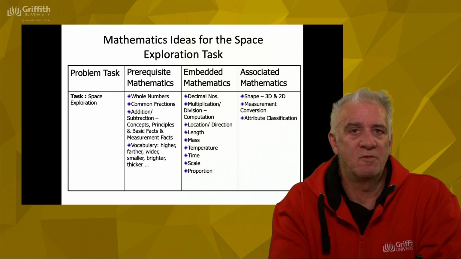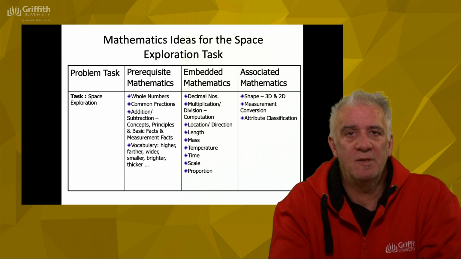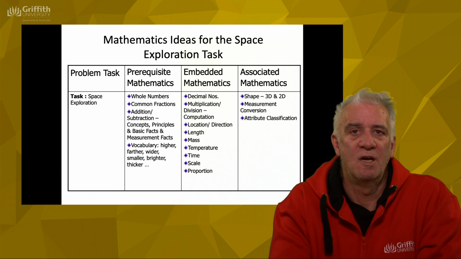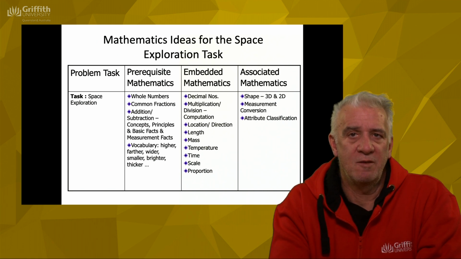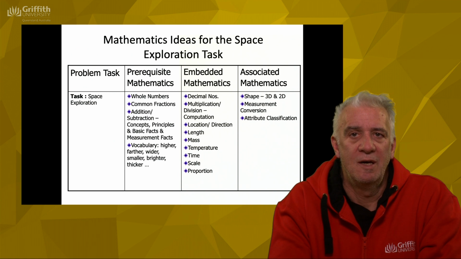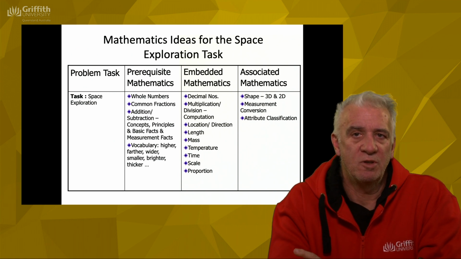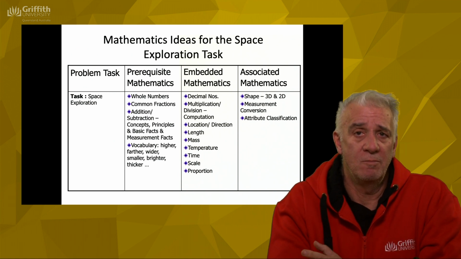Through the task they could develop decimal numbers, multiplication, division, location, direction, and some of those measurement terms, as well as proportion. And then associated with the task, they might develop some mathematical knowledge around shape, measurement conversion, and attribute classification around objects.